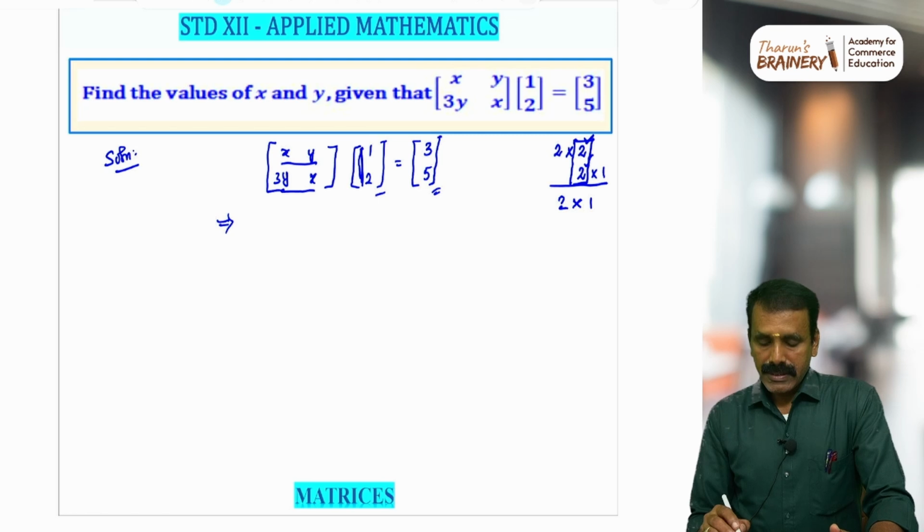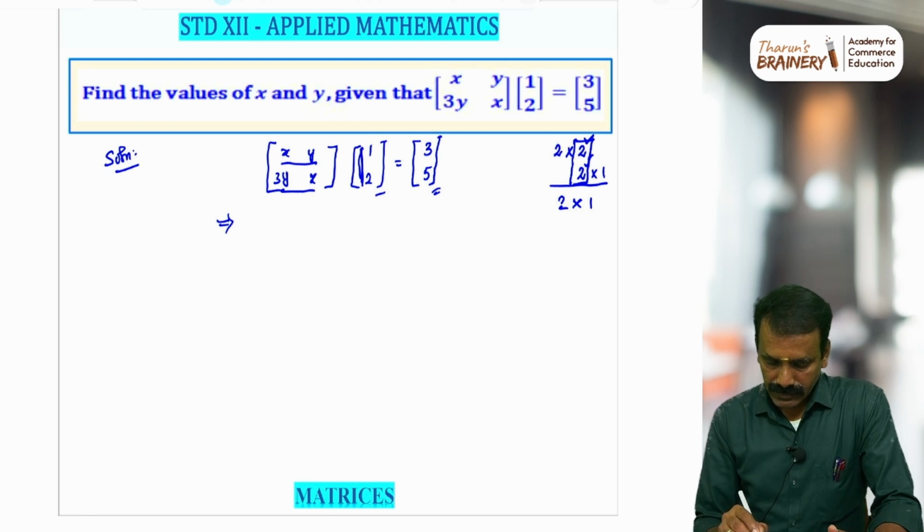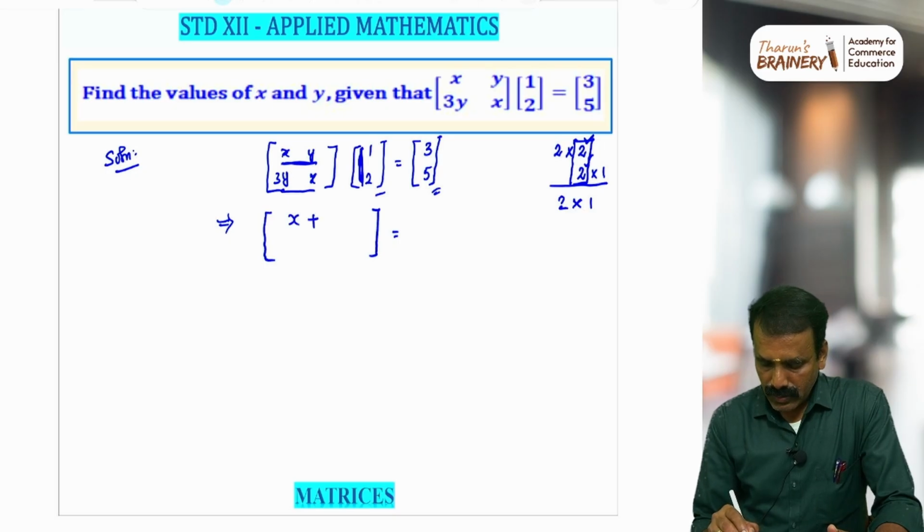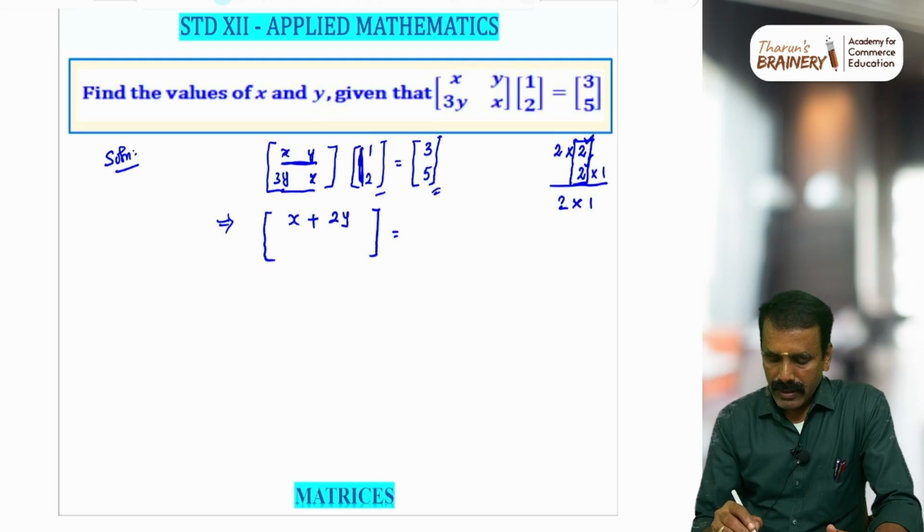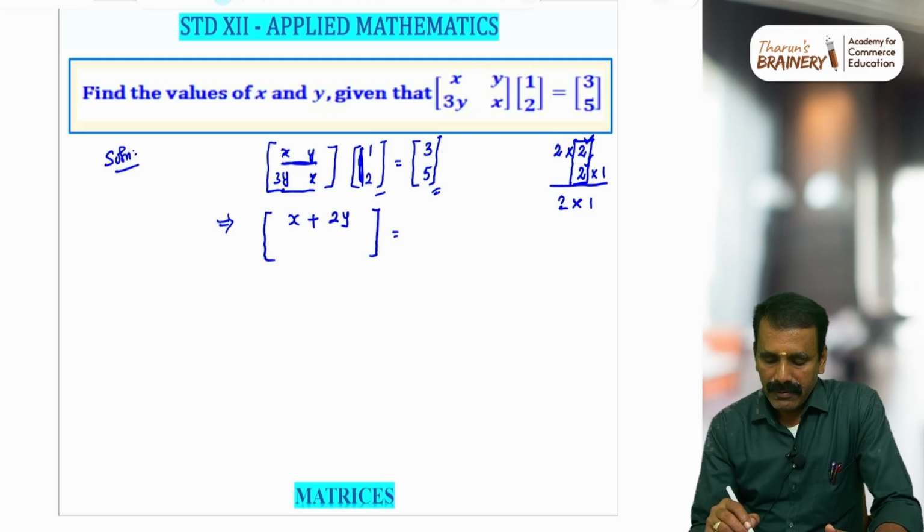So we find the product. So first row is multiplied with the first column. So x into 1, it is x, plus y into 2, 2y. So we don't have any other column to multiply for the first row.